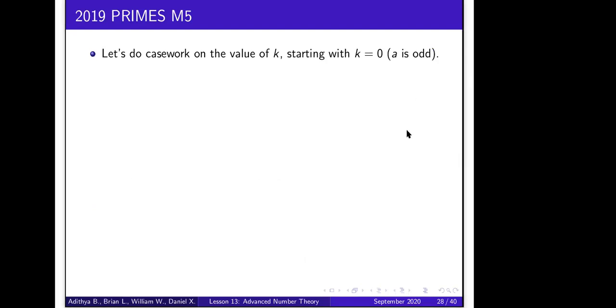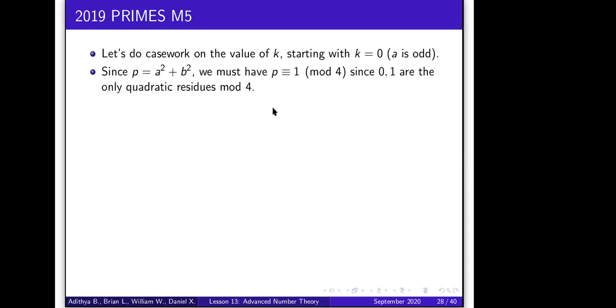And if A is odd, then we can just apply quadratic reciprocity like normally. But first, we have to figure out what P is mod 4 so that we can simplify the quadratic reciprocity. So first, we had that P is A squared plus B squared.